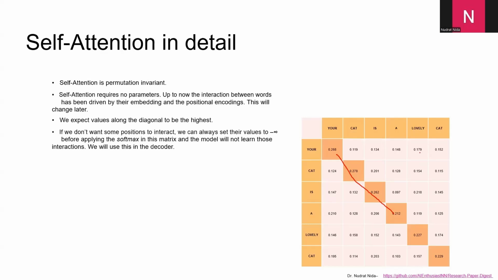If we don't want some positions to interact, we can always set their values to minus infinity, like we can mask them out. We will mask out those values if we want our model not to see them. Similarly, while training, we want our model not to see the next word. Instead, we want our model to see only the data that is being provided to it. So we want to make it a causal system.